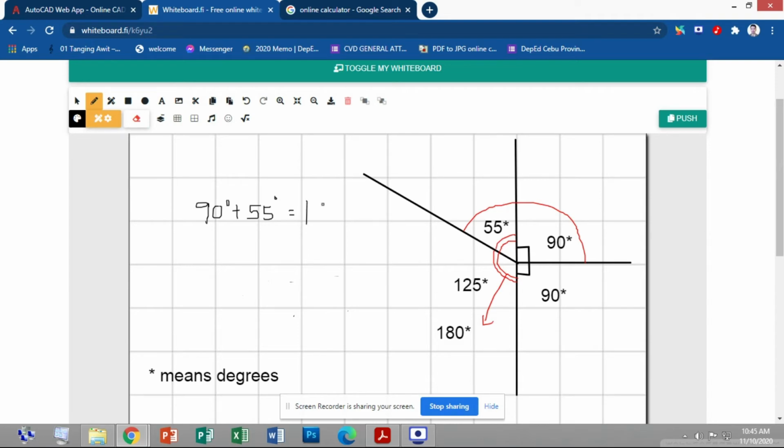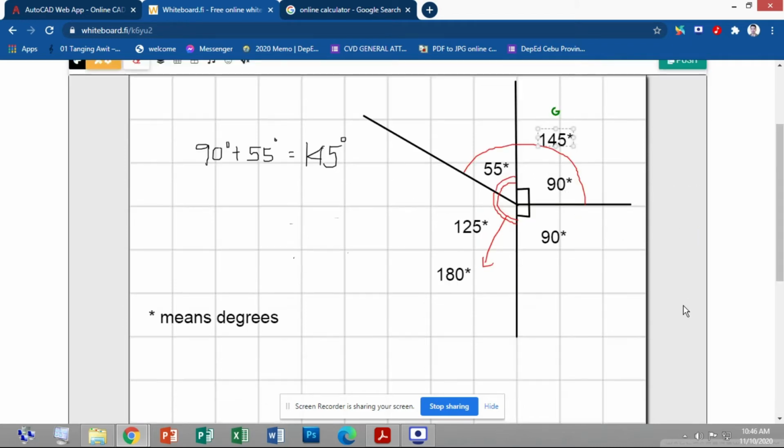It's 145 degrees. So the total is 145 degrees. We have it.